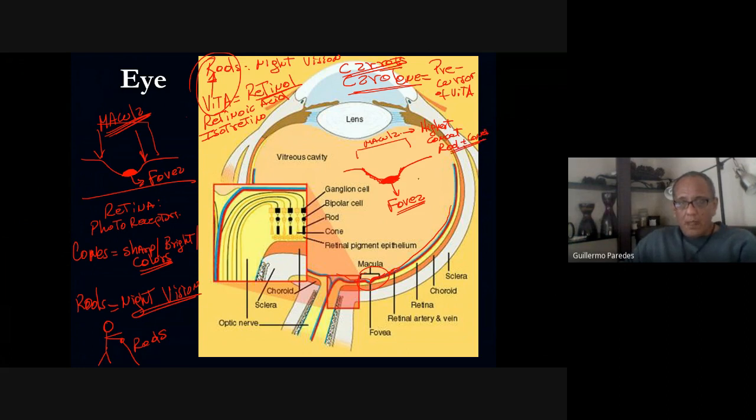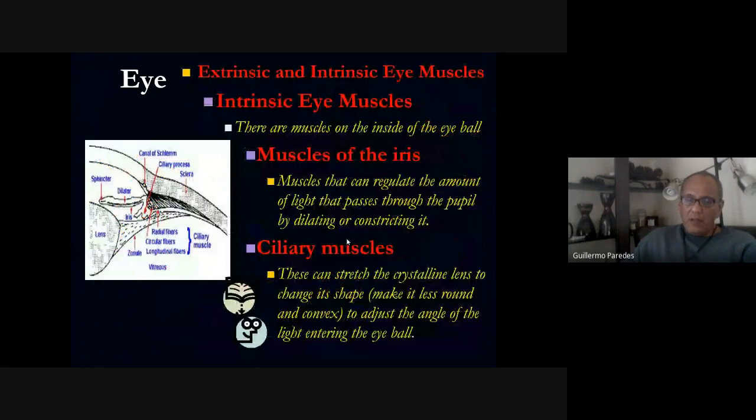Okay? And what is the difference with the fovea? The fovea is where we have an even much higher concentration of cones. Are we okay with that? Excellent. So that is about the macular degeneration you heard about in the past.